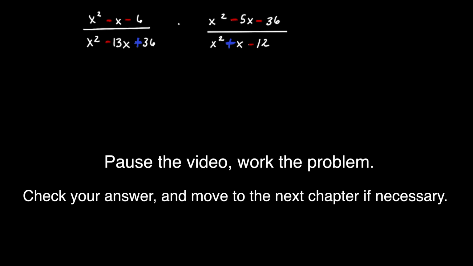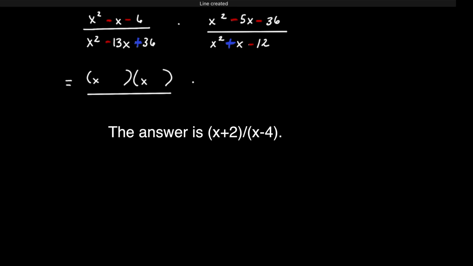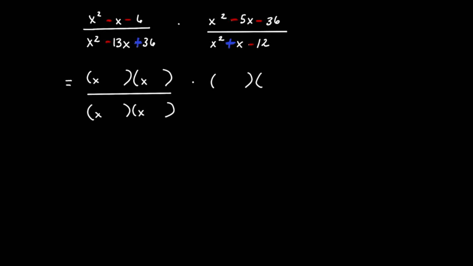Okay, so we have another expression here. We're going to do it the same way. So we're going to go ahead and set it up with our parentheses. And it looks like we don't have any perfect squares here, but we know that it'll be two different expressions, x plus or minus, depending on what our signs give us.